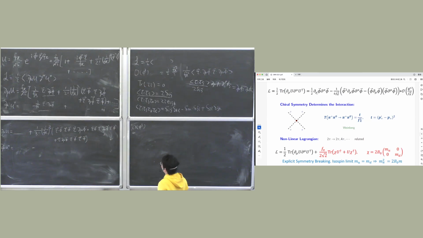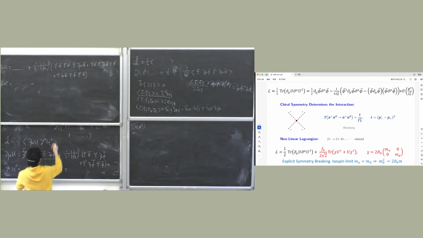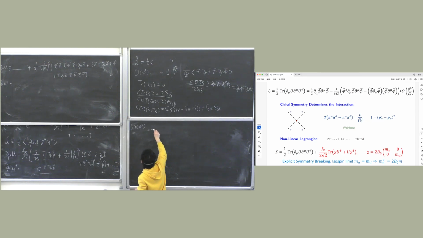put it here, and for phi 3 we should have this times this one, and also this times this one, and this times this one, right? This factor we just copy them.